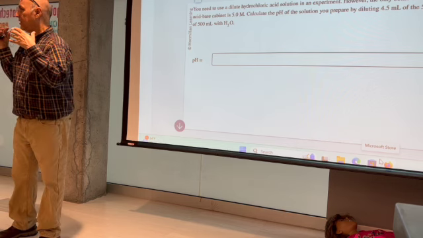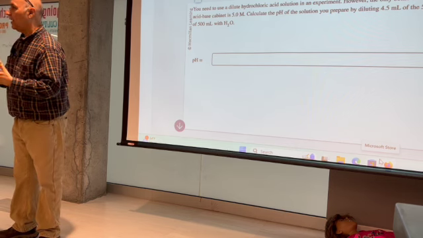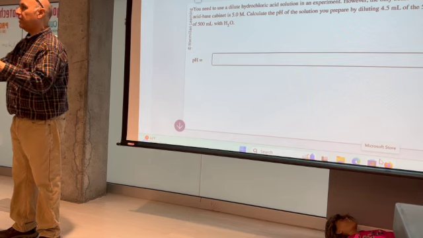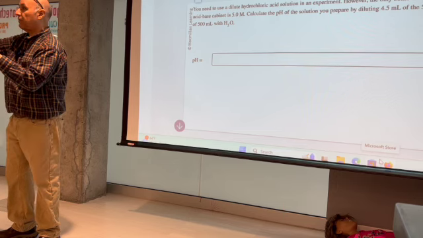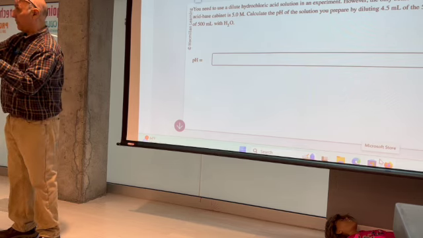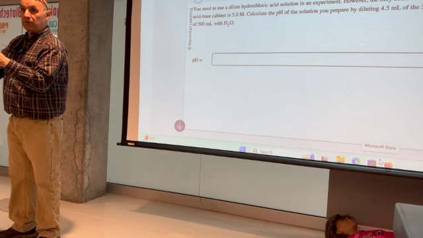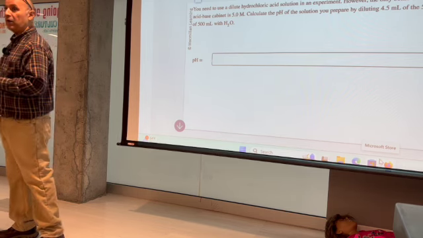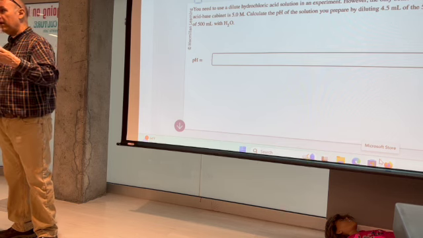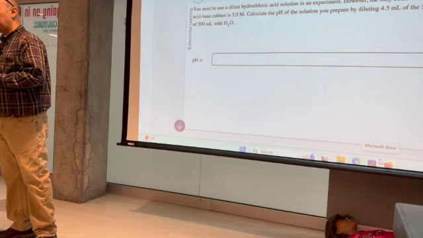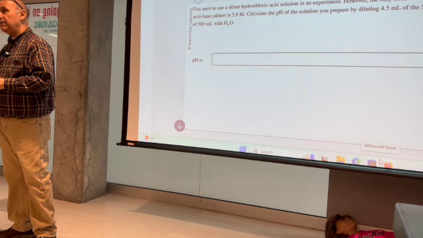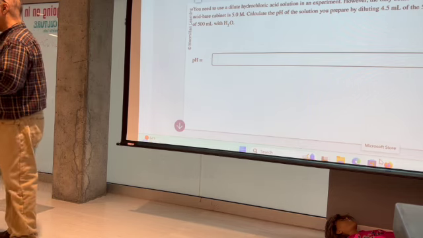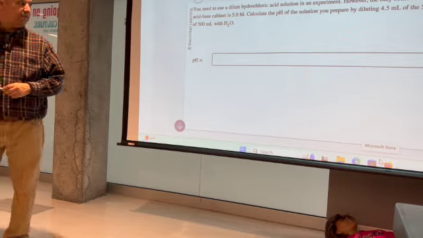Because it's a different thing to say, okay, I have 5 milliliters plus a liter, as to say I have a liter and I subtract 5 milliliters and then I add them back of a different solution. The result is slightly different, and that's the difference between molar and molal. In one, you take into account the thing that you are adding. In the other one, you take into account only the total volume after what you add is added.